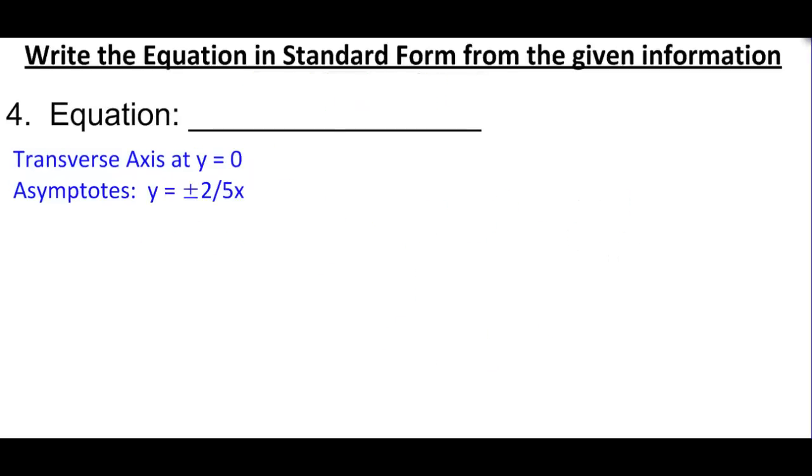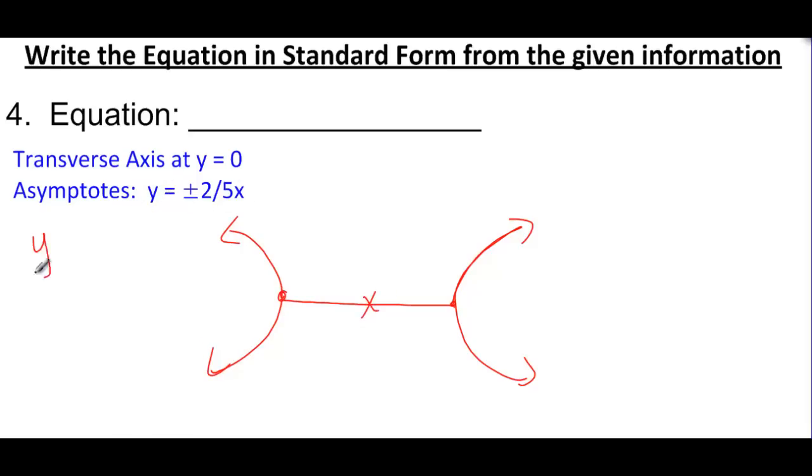So let's look at one more of those. Here, I'm giving you the clue that my transverse axis is horizontal, which means that this is a left-right hyperbola, which tells me that the x value is going to be first. I'm also telling you what the center is by my point slope form. Now this doesn't look like point slope form, but it is because it's y minus 0 equals plus or minus 2/5 x minus 0, because those two are equivalent.